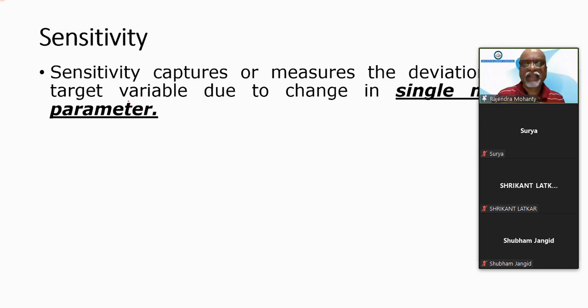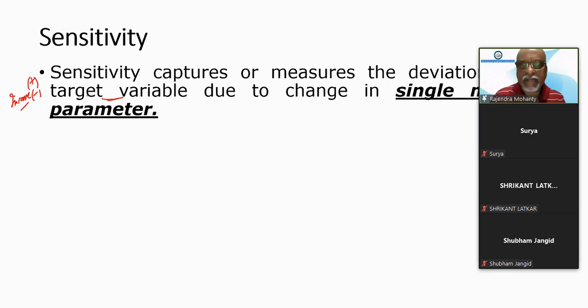Sensitivity, as per definition, measures the deviation of a target variable due to a change in a single market parameter. So what is the target variable here? We are talking about income. The target variable is our income. So basically we have to see whether income is positive or negative.